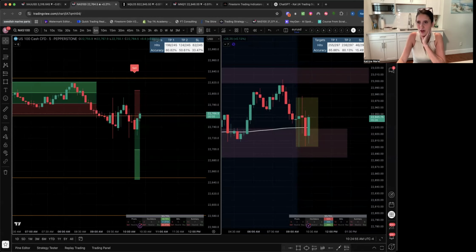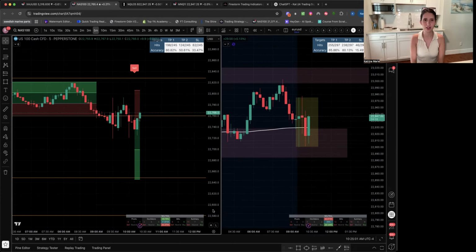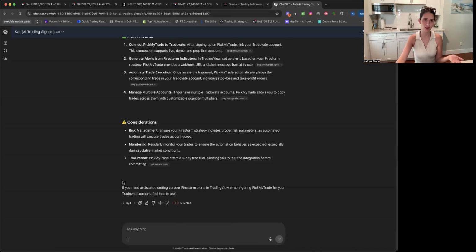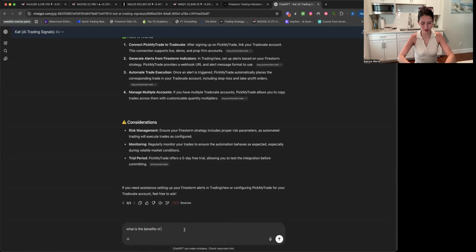Do you upgrade your TradingView account? Yes. It's for me, it's a write-off. Trading is like a business for me, not just Firestorm, but I actually talked about this. You can actually ask my GPT. So like, what are the benefits of joining Firestorm's affiliate program? I posted about this the other day inside the Telegram.